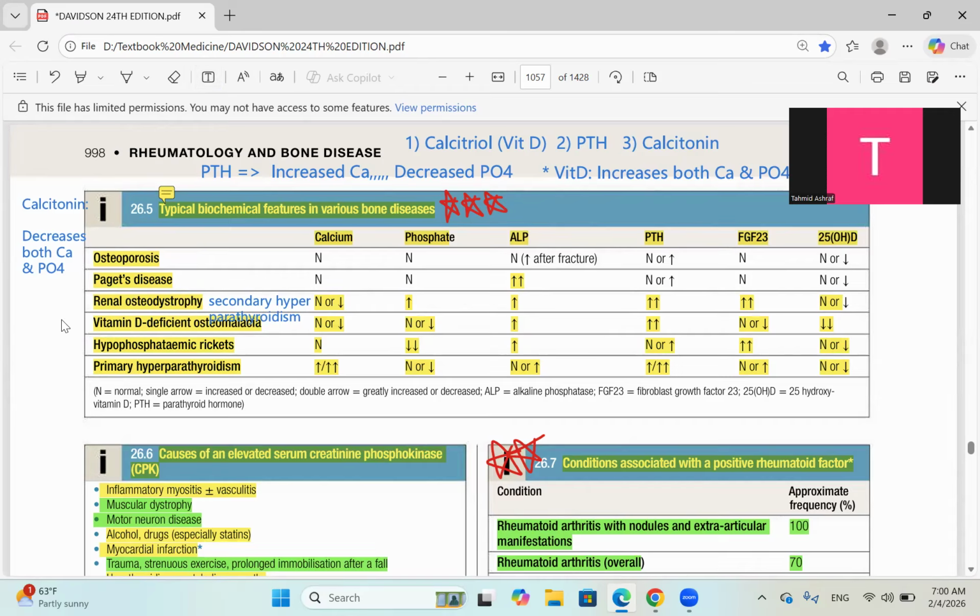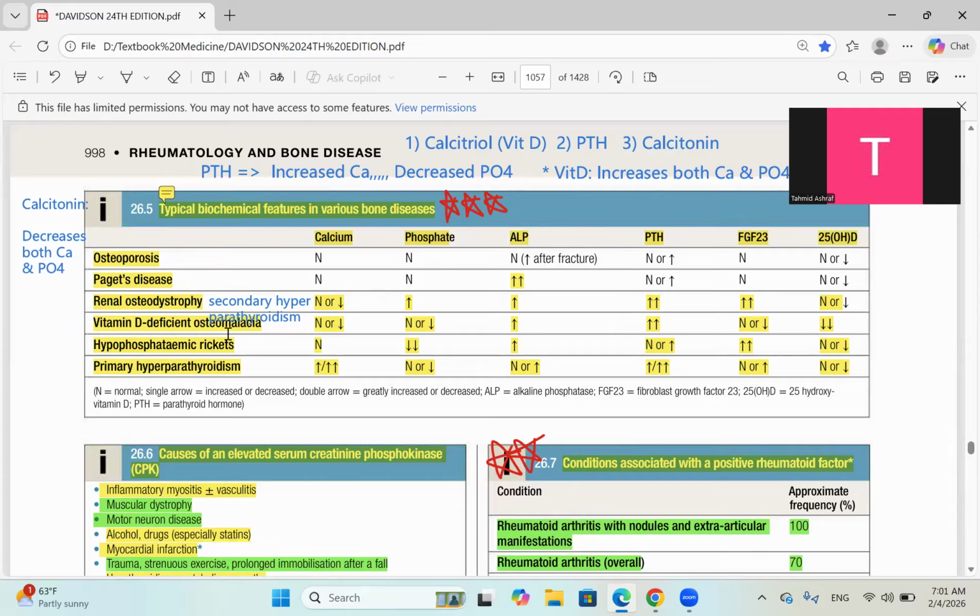So in CKD, what happens? The kidneys have very poor functioning, as the kidney is the site where vitamin D is finally activated. The final activated form of vitamin D is produced in the kidneys.